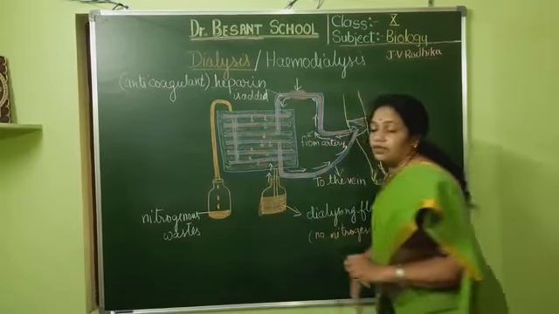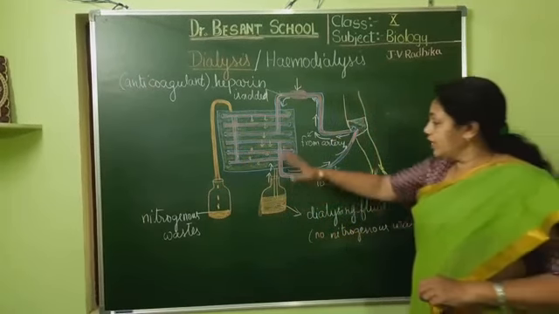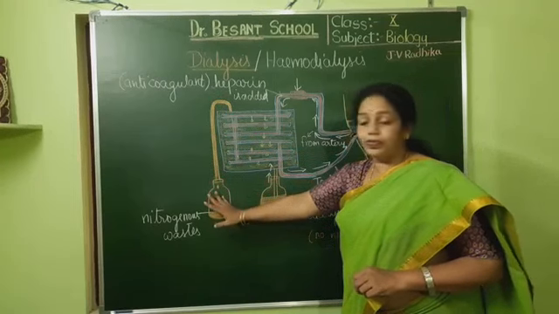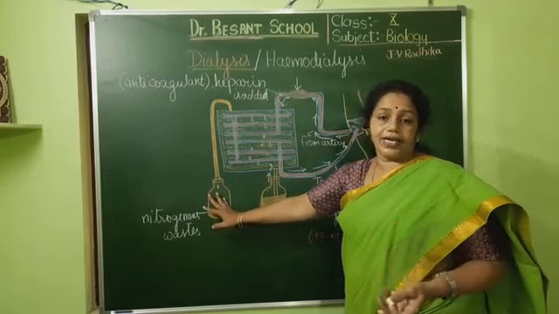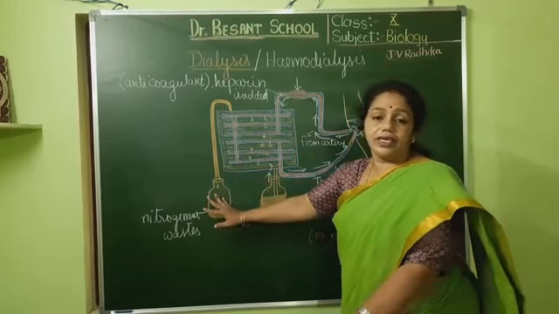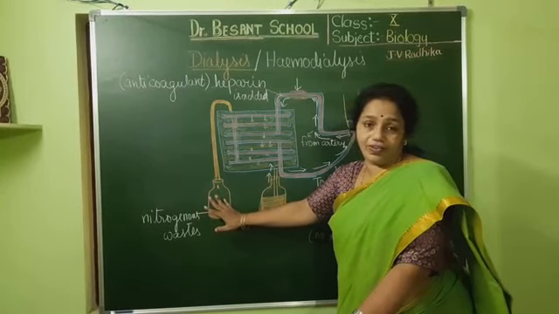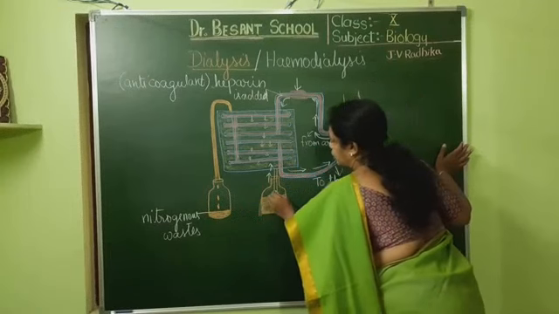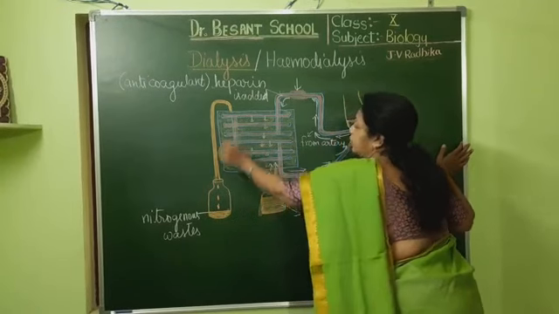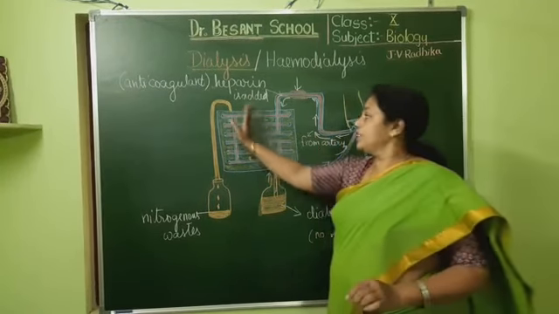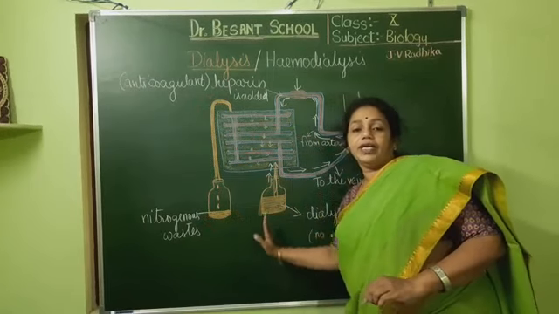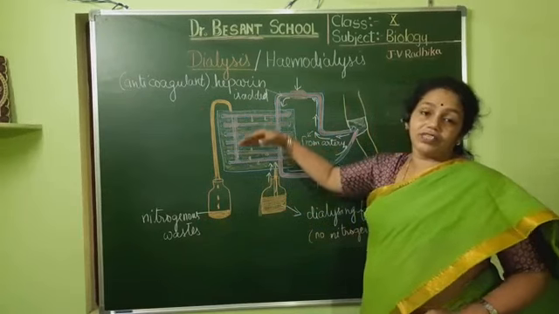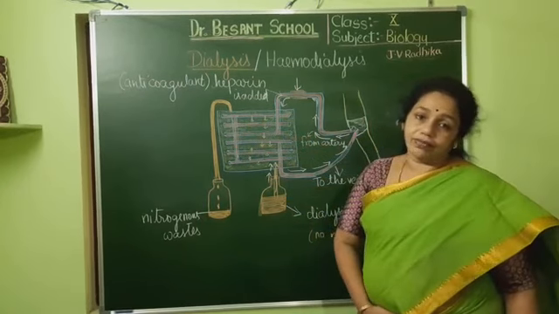The nitrogenous waste will be filtered into that, and will be collected by a container, all the nitrogenous waste or the urine wastage. So there is continuous supply of dialyzing fluid into this machine. From this side all the waste will be collected, and from here the dialyzer is supplied. So there is continuous flow of waste from the blood into the dialyzing machine.